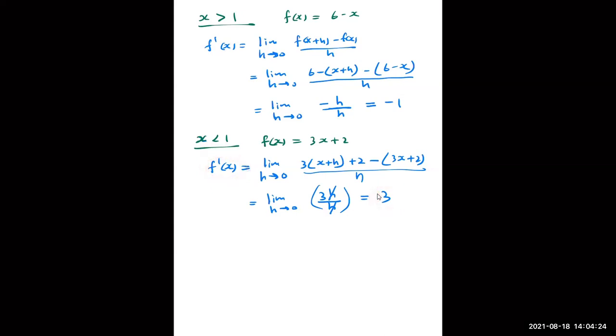So we can write a piecewise function for f prime of x. Okay, here is the piecewise function. When x is bigger than 1, it is minus 1. And it is undefined when x is equal to 1.